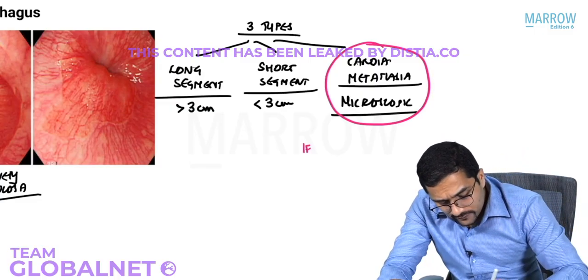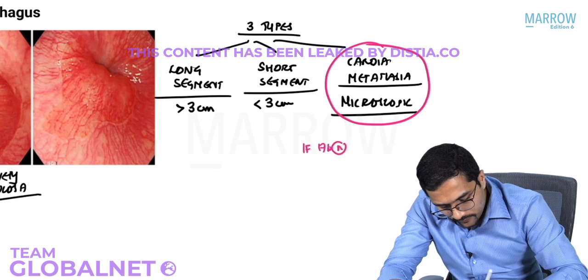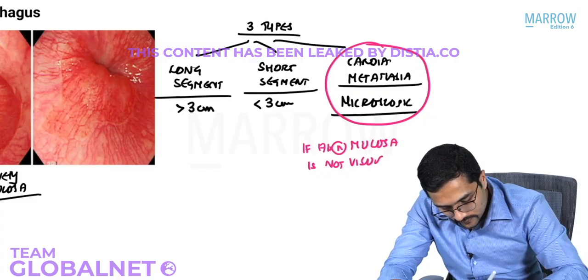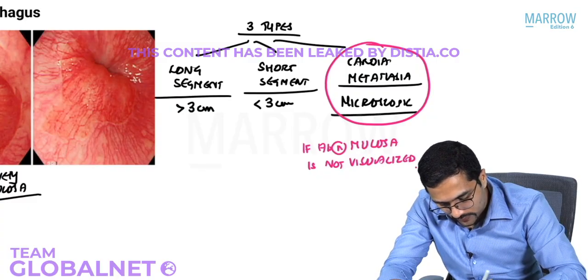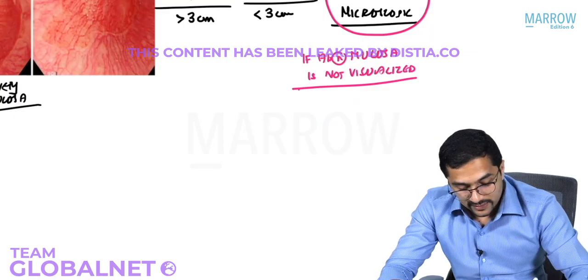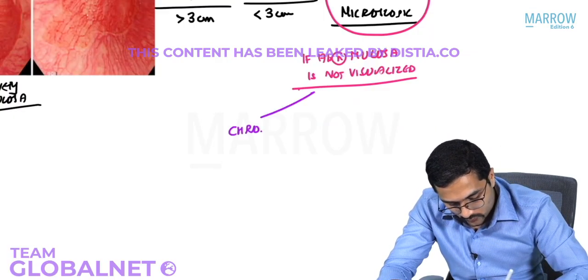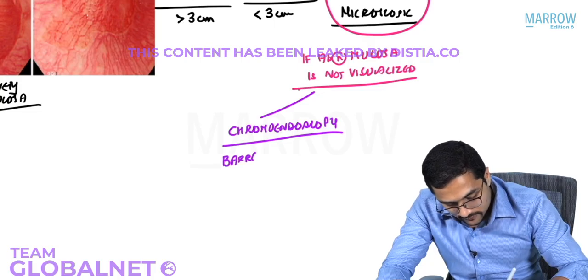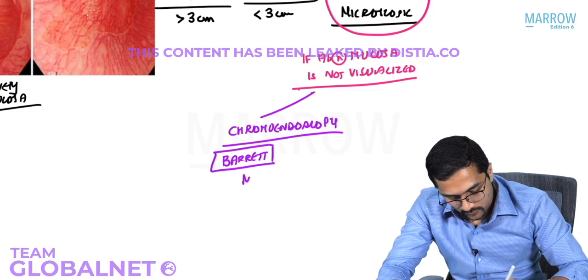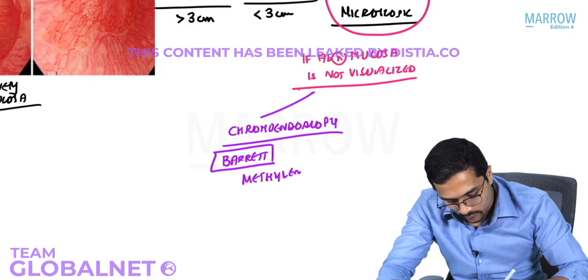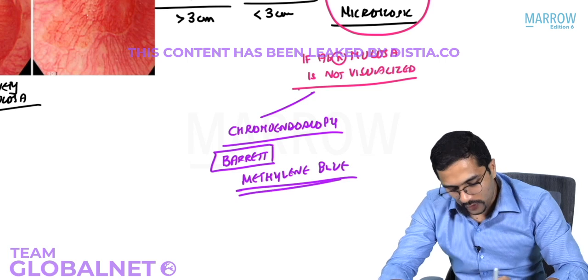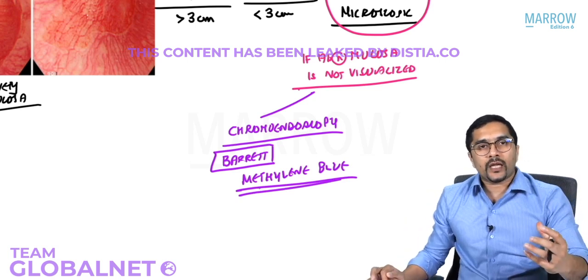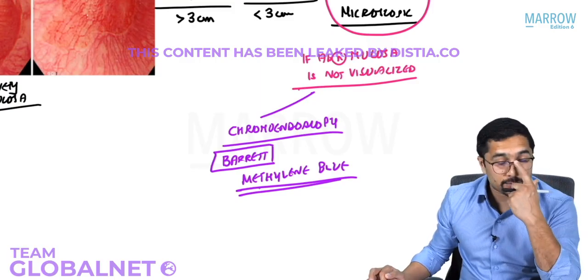So if the abnormal mucosa is not visualized, then what we do is known as chromoendoscopy, where for Barrett's esophagus, we use methylene blue. So we stain the esophagus with methylene blue, and whatever altered blue areas we can see on endoscopy, those are the abnormal areas, and we need to take biopsy from there.